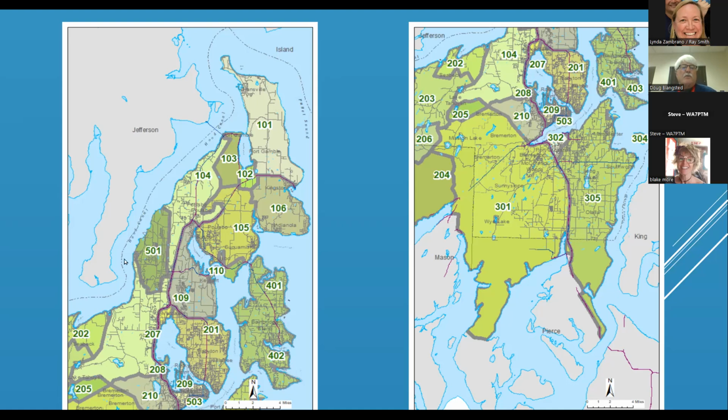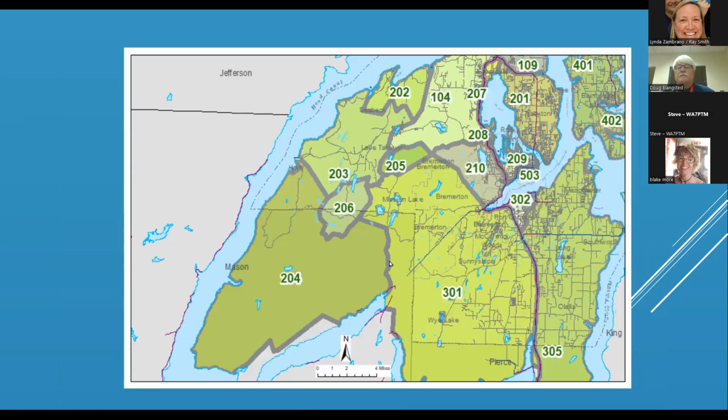This right here, this 501 on the left, that's Bangor Submarine Base. That's why it's a 500. Down here's the shipyard, 503. And you go over here, and here's the 200 series. This is in and around Port Orchard and Bremerton up in here. So there's quite a bit of area to cover.